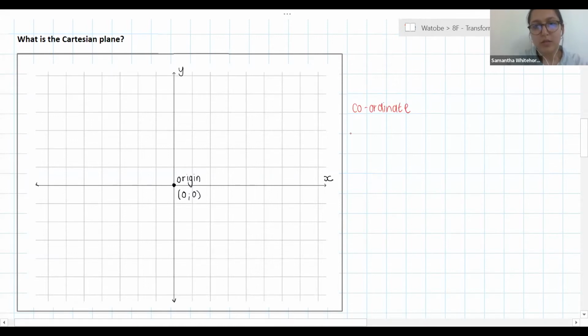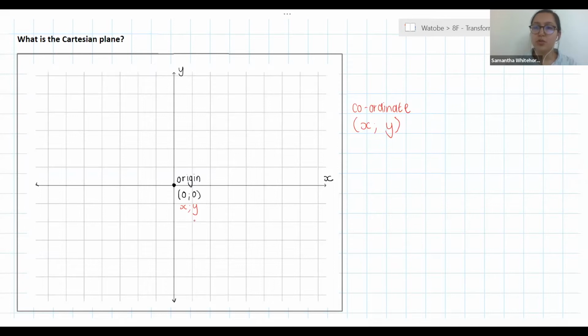According to the alphabet, the x comes first and then the y. So our coordinate will always be the x value and then the y value. So if we look at this origin point, x is 0 and y is 0.